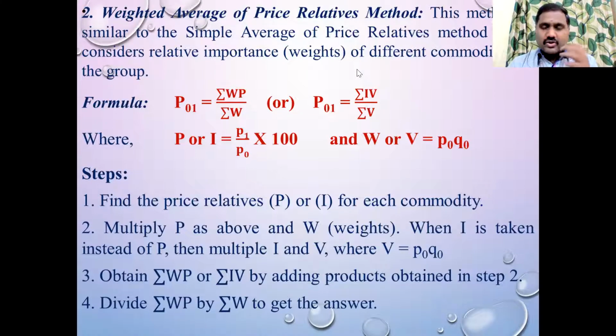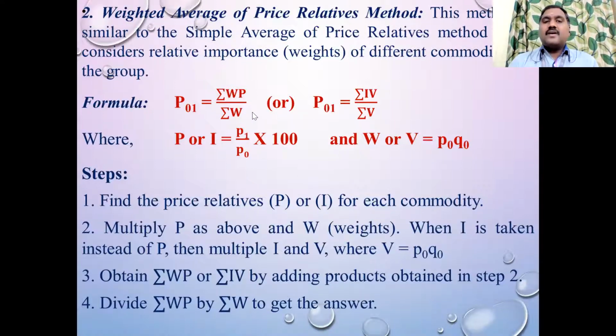Sir, weight is not given, I is not given, value is not given, but they give the base year and current year price and quantity. That is P0, Q0, P1, Q1. Then which formula do we have to use, sir? You can use any one of the formulas, but before that you have to calculate.